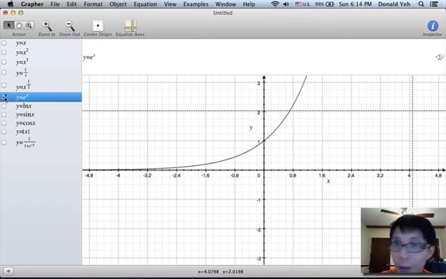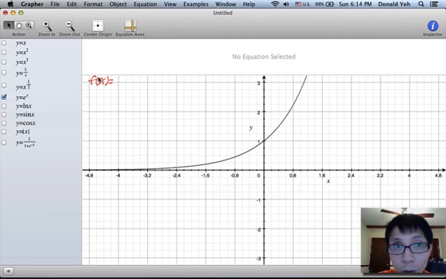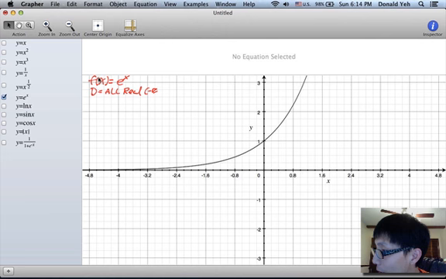And you're gonna tell me following things. First of all, f of x is equal to e to the x. You're gonna tell me domain is all real, and it's gonna be from negative infinity to positive infinity.